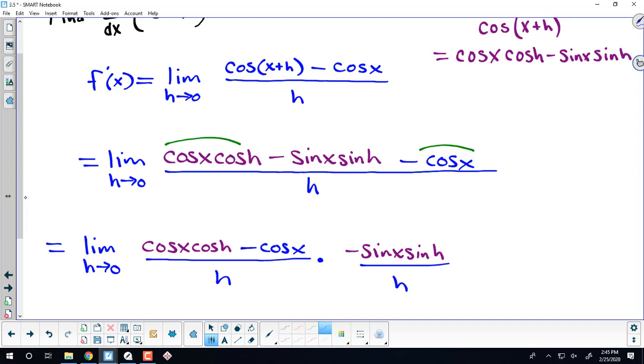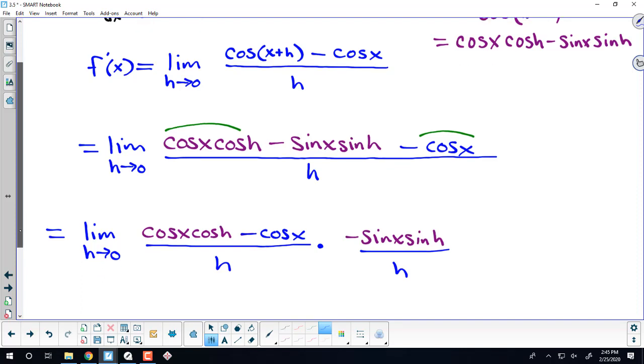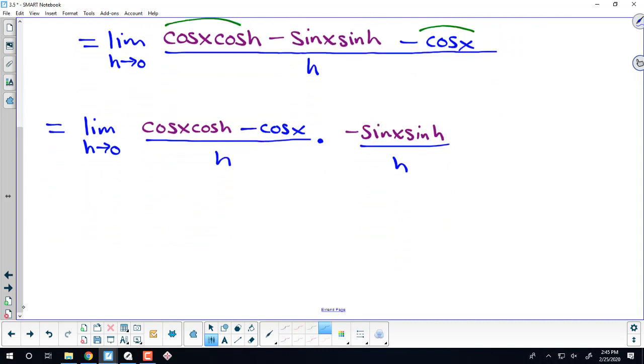All right, and like we said, from this first factor we're going to factor out the cosine x, leaving cosine h minus 1, all over h.